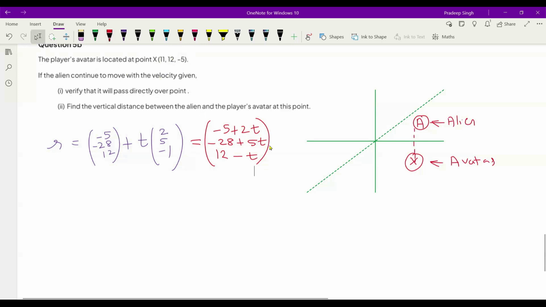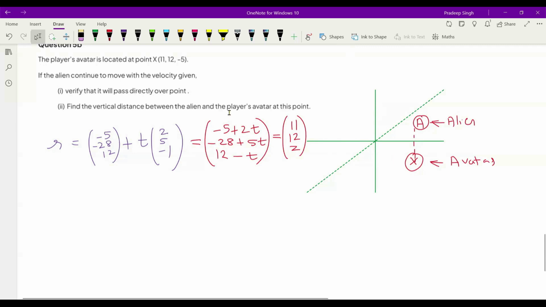What we'll do is equate the x coordinate to 11 and the y coordinate to 12, but the z coordinate is different. That's what we had done in the assumption. If the alien is above the avatar, x and y coordinates will be the same; it's the z coordinate which is changing.